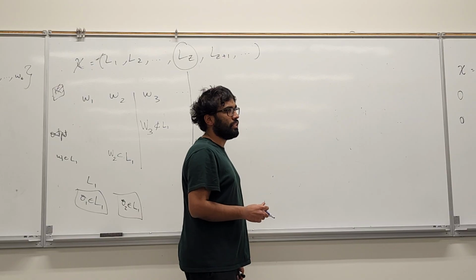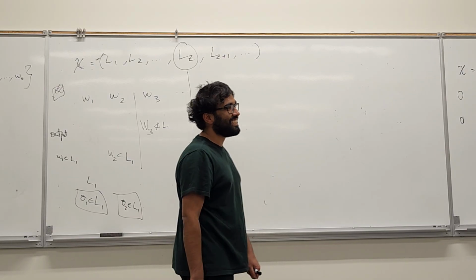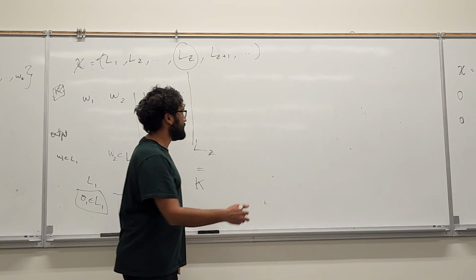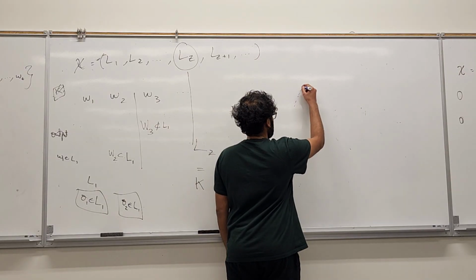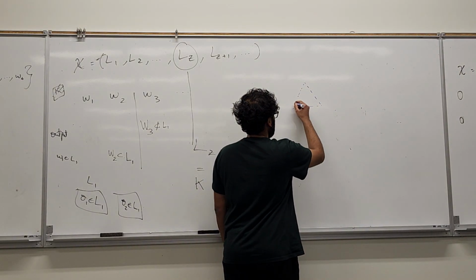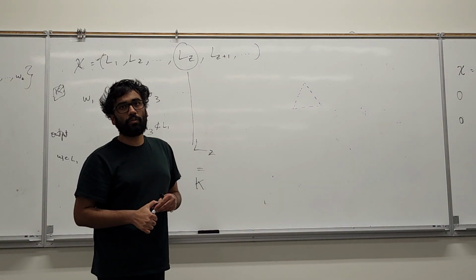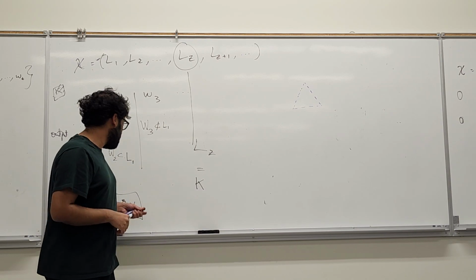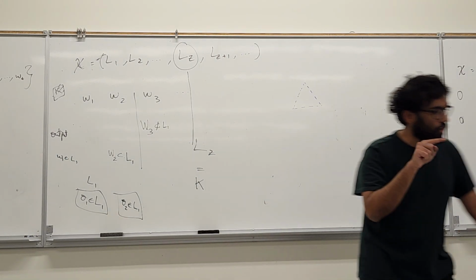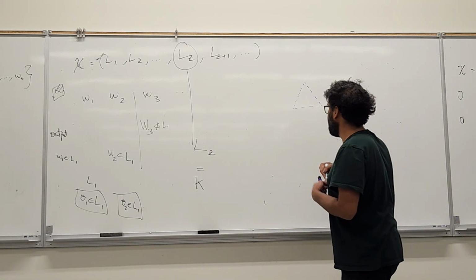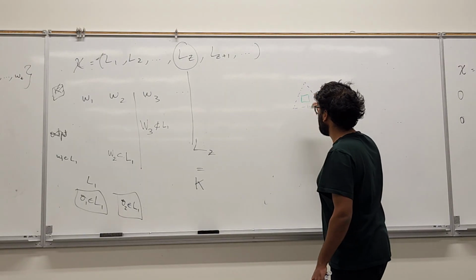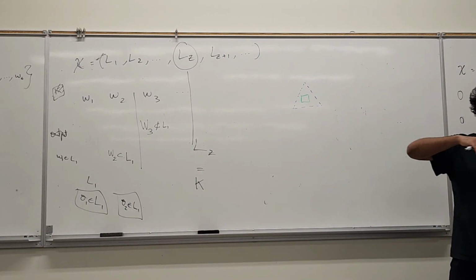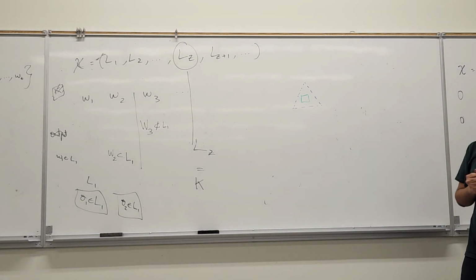Okay, let me draw a nice diagram. I spent some time thinking about this. These dotted triangles show LZ, and then I'll draw a square inside. This shows WT. Of course, the square should always be inside the triangle.